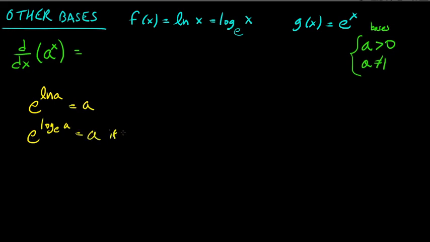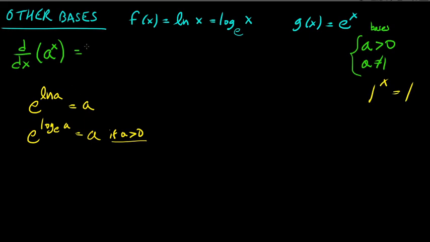Now, obviously, a has to be positive here, and I suppose it could be 1. That does work, right? Log of 1 is 0, e to the 0 is 1. But 1 is not a legitimate base, because 1 to the x is just 1. It's not an exponential function, right?